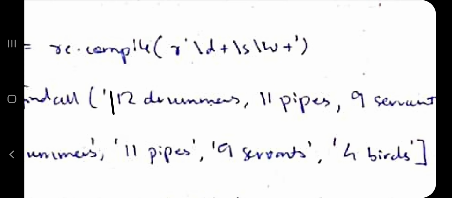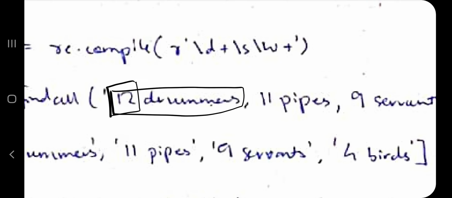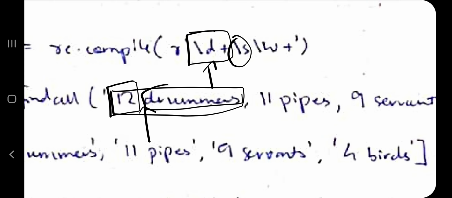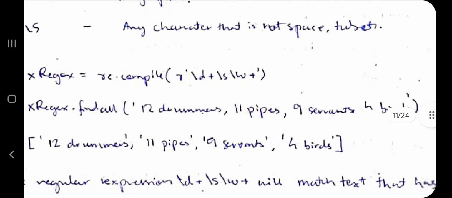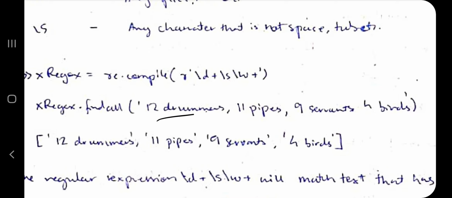First let us consider this one, 12 drummers. The first 2 are digits, which satisfies \d plus, that means one or more numbers. Then we have a space here, space is considered, yes, and here we have a word. Is it present according to this criteria, one or more? Yes. The same thing goes for the others also. So, we will return all these valid strings.